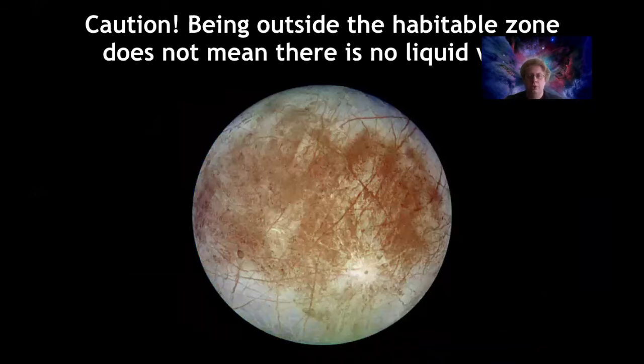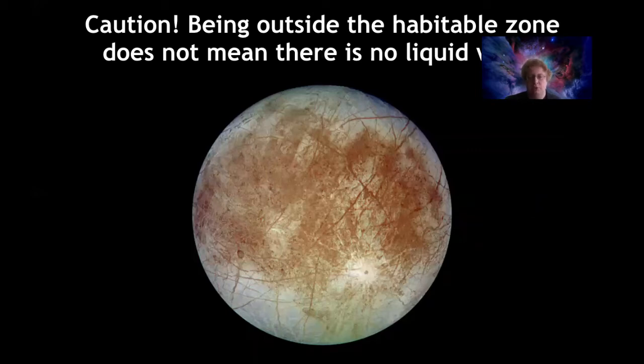And also, just because a planet or an object is outside the habitable zone does not mean that there's no liquid water. Take, for example, the moons of Jupiter and Saturn, like this image of Europa. Europa, we believe, has a liquid water ocean underneath its surface because it's warmed by tides from Jupiter. Europa is not in the habitable zone, but it's still probably one of the best places to look for life in our own solar system.